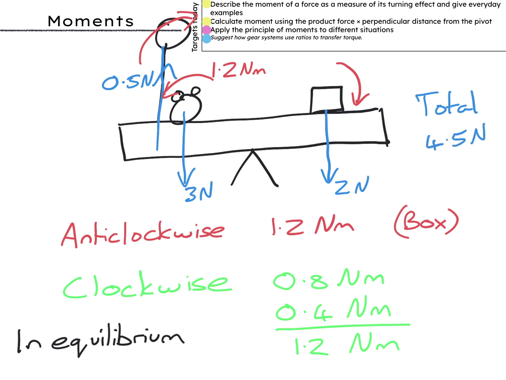It doesn't move down because we've got a pivot as well exerting an upward force. And we just worked out that this must be 4.5 newtons upwards because we know it's not moving down. That makes everything in equilibrium. The overall resultant force is 0.